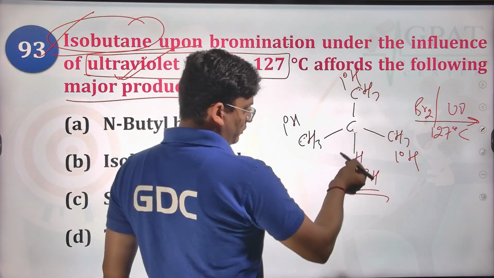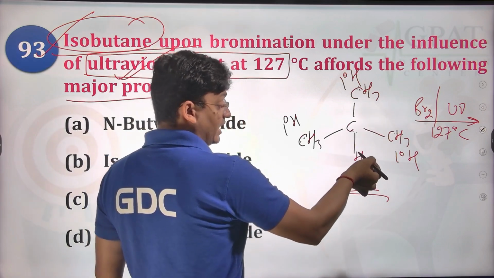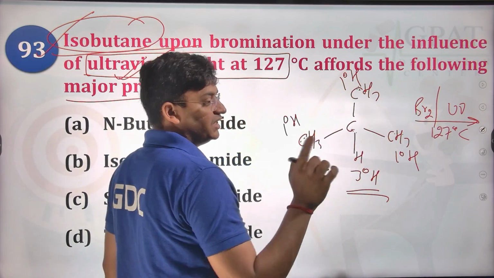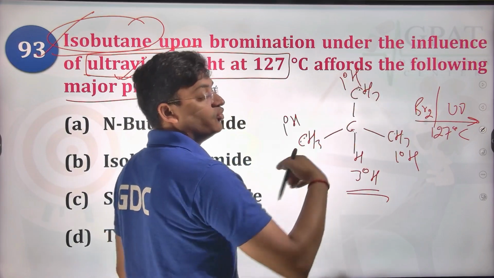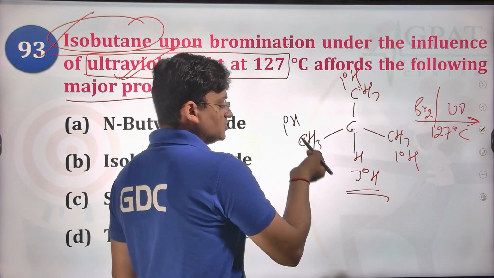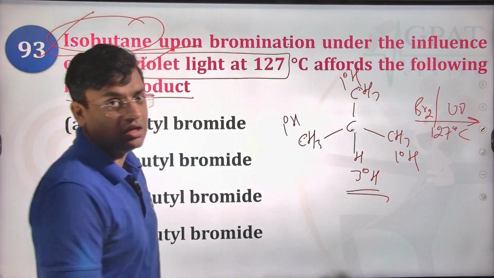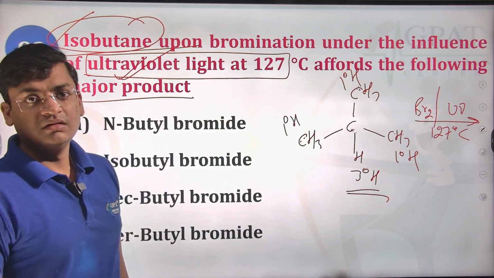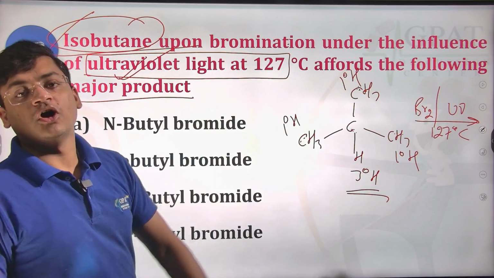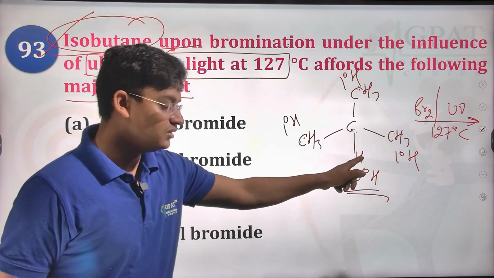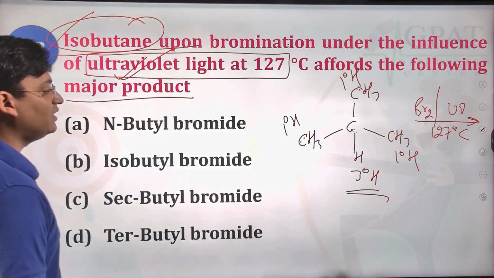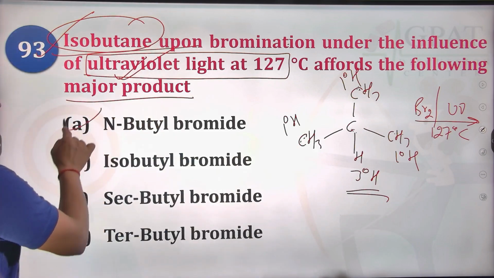So abstraction of this hydrogen in the radical form will give a 3 degree radical that is having 9 alpha hydrogens, more stabilized, while when we abstract the hydrogen from this position we are having just a 1 degree radical that is not that much stabilized with respect to this. So are we getting N-butyl bromide? No, not at all.